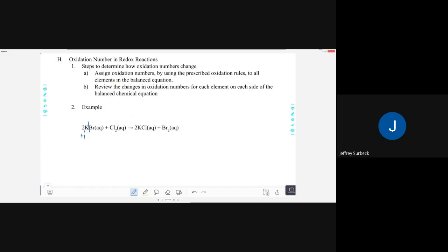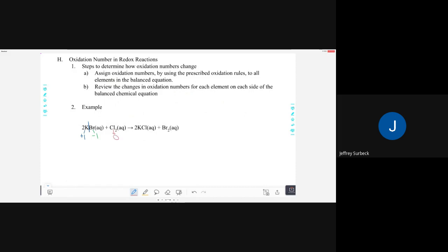Br, and the coefficient doesn't affect things here. The Br is way over in group 17, the last thing that I put a number with. There you go, -1. Now, Cl2 is that special circumstance. Cl2, in its natural state, has a charge of 0.